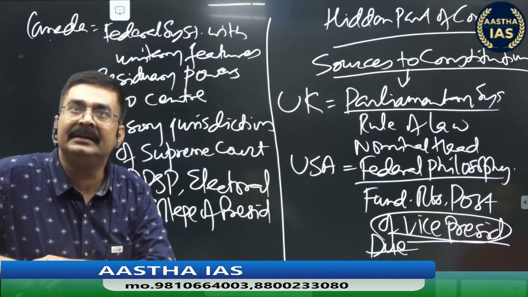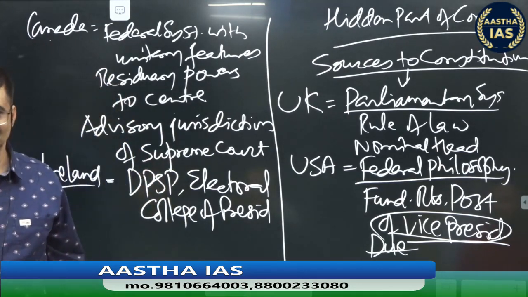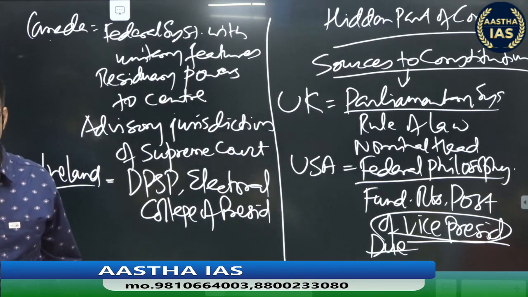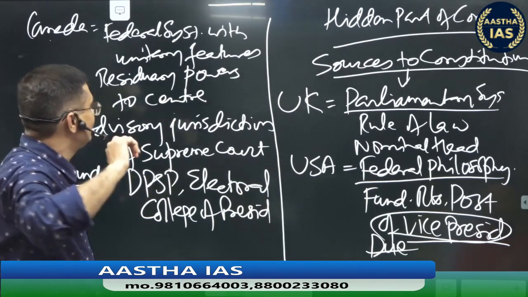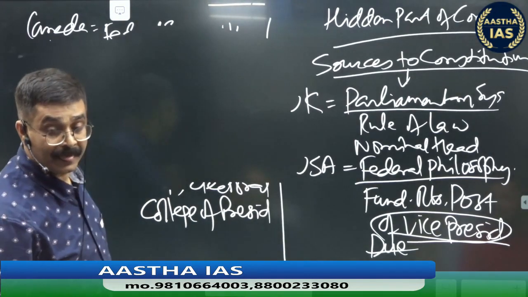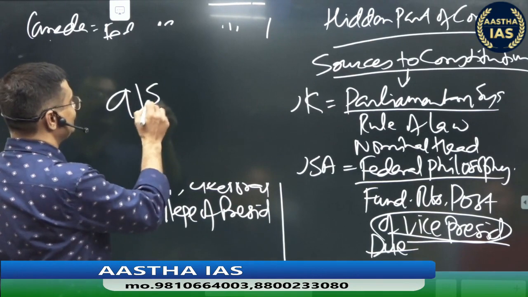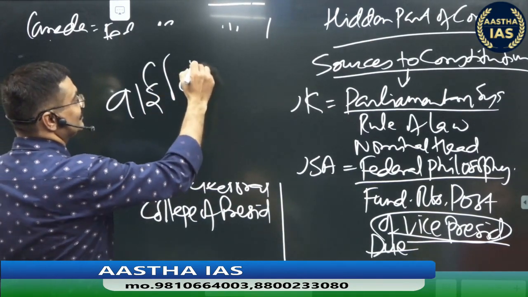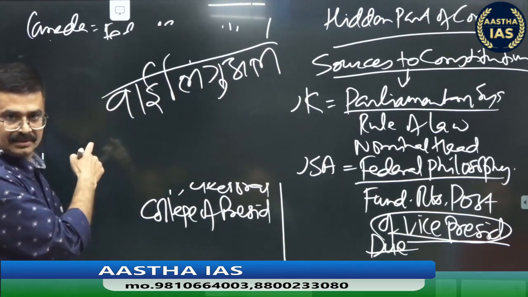Sir, please explain in bilingual. ये तो बोल रहा हूँ, हिंदी में तो बोल रहा हूँ. अच्छा, somebody is saying, sir, speak in bilingual, and if I write this is not bilingual.